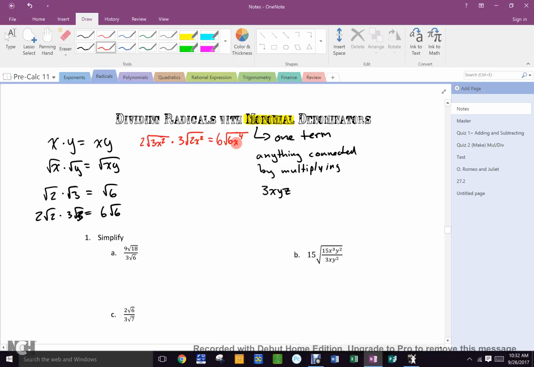Then what would you do with that x to the 4th? That's 2 groups of 2, right? So what would come out? 6x squared, and what would stay under there? 6.